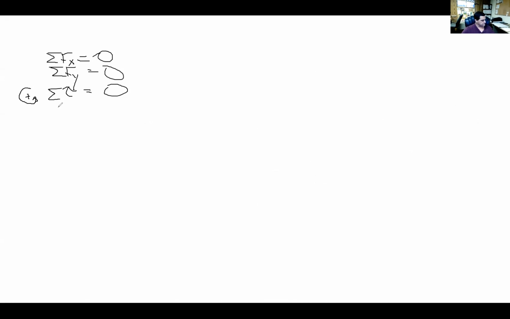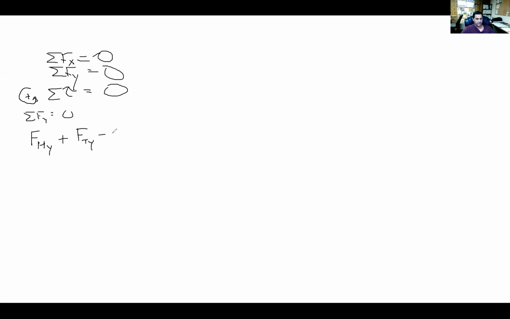Okay. So we can sum forces in the y direction equals 0. So we have the reaction force for the hinge in the y. The tension in that cable is also going to have a y component.